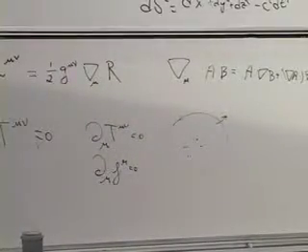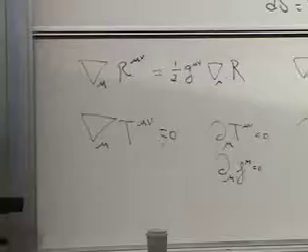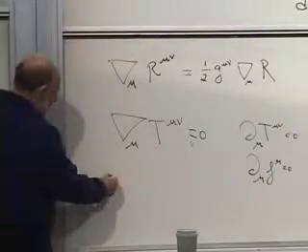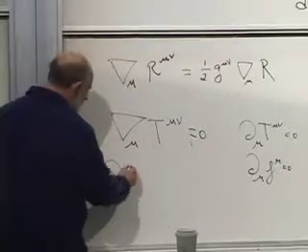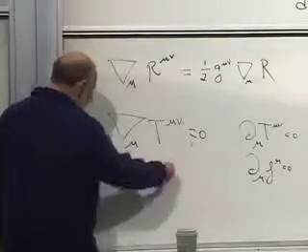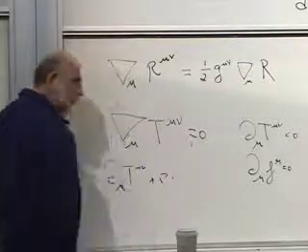This equation is different. It has an extra term in it. There's a d mu T mu nu, plus another term with some gammas and so forth.